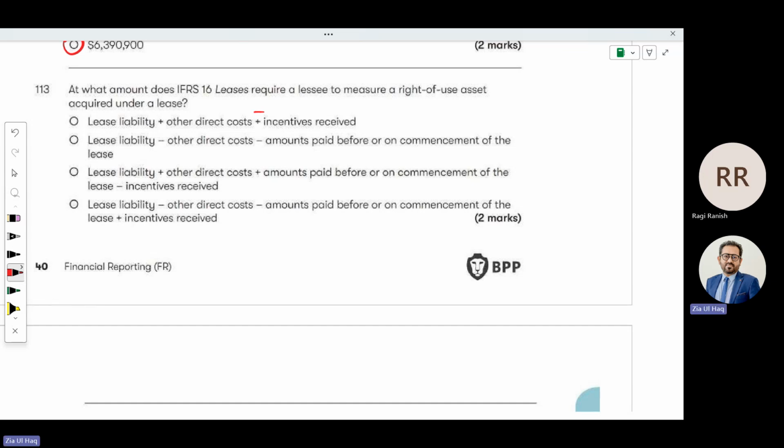Lease liability plus direct cost, yes, plus advances, less incentive received, yes. Lease liability minus direct cost, no, they should be added, and advances should also be added, and incentive should be deducted.